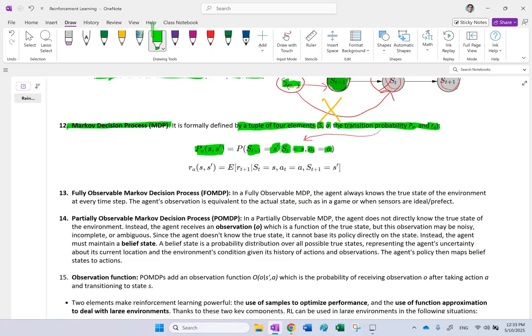And similarly, the reward of going from S to S prime under action A is exactly a similar thing here. You see, s_t started at S, the a_t that you took is A, you ended up at S prime, and because of this transition, you ended up with reward r_{t+1}, okay?